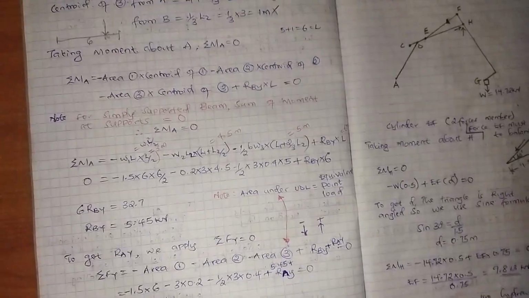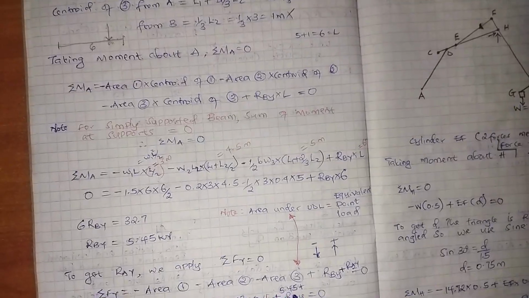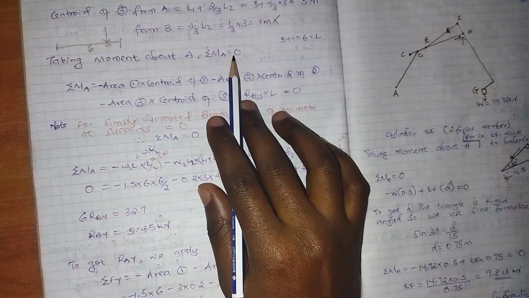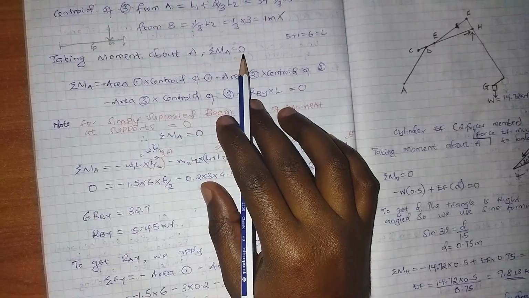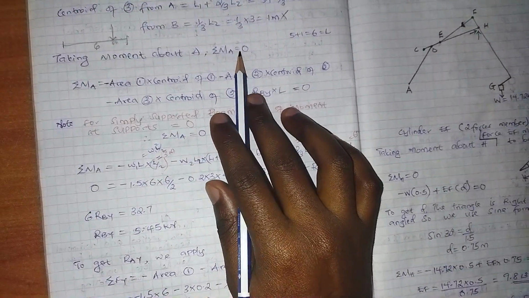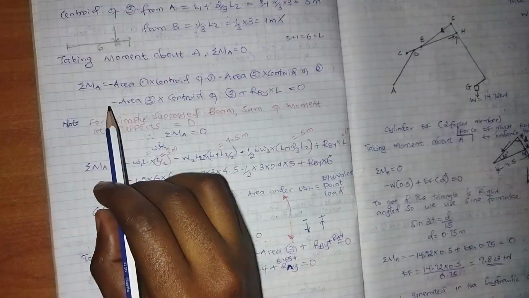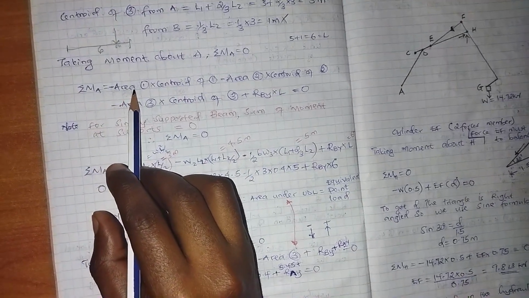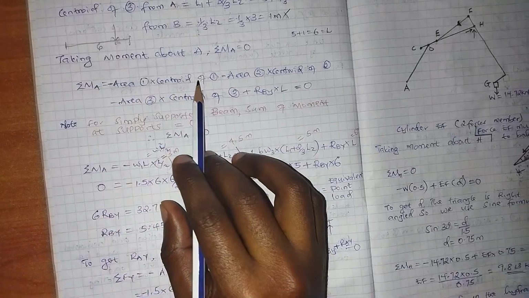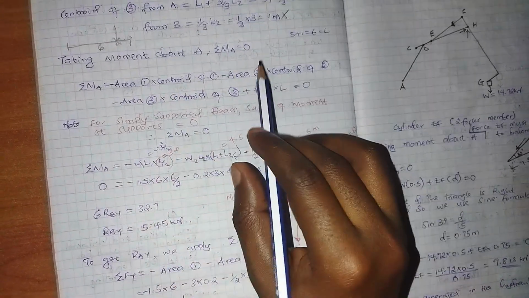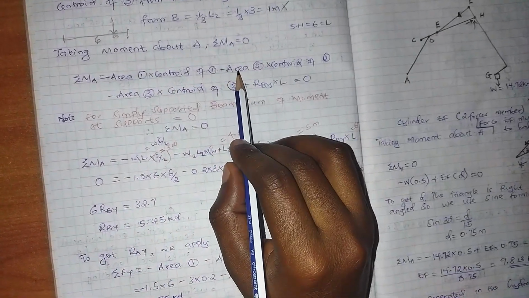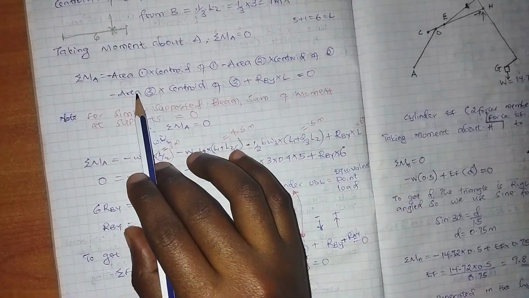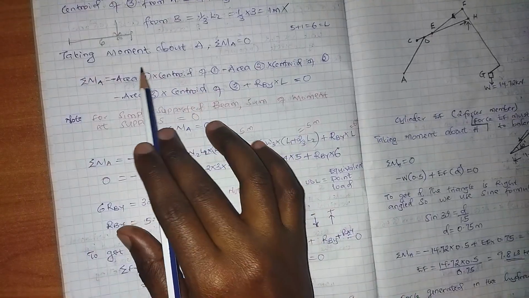So we are going to find the moments acting about point A, and we get it to 0, because at point A it is a roller support, and the moment on a roller support is equal to 0. So we're going to take the area 1 multiplied by its centroid, and add the area 2 multiplied by its centroid, because we have 3 shapes, so we have three forces.